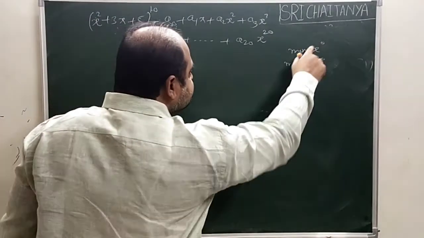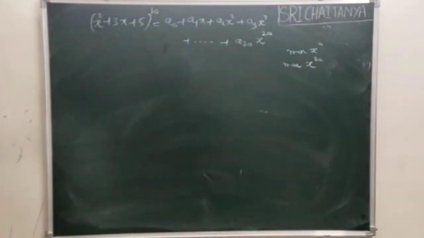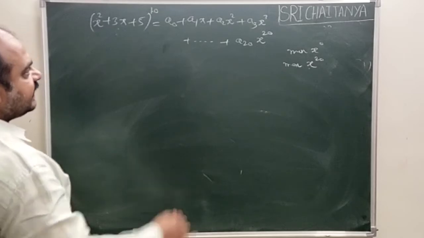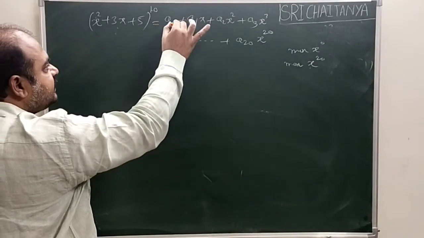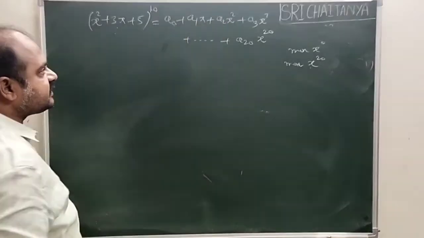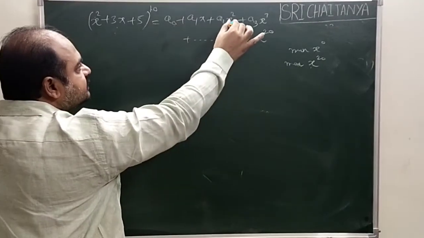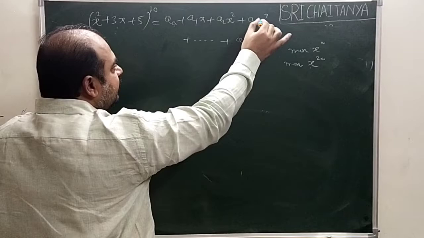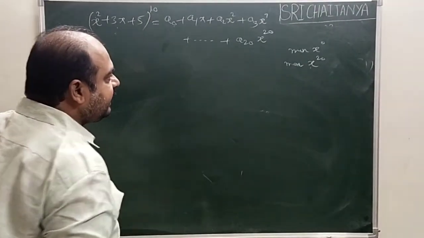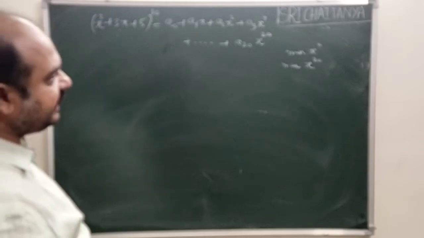Minimum means x power 0, if the constant is the term. That means it is of maximum degree 20. That's why it is given: a0 means the constant term, a1 means the coefficient of x power 1, a2 means the coefficient of x square, a3 means the coefficient of x cube, and so on. a20 means the coefficient of x power 20.